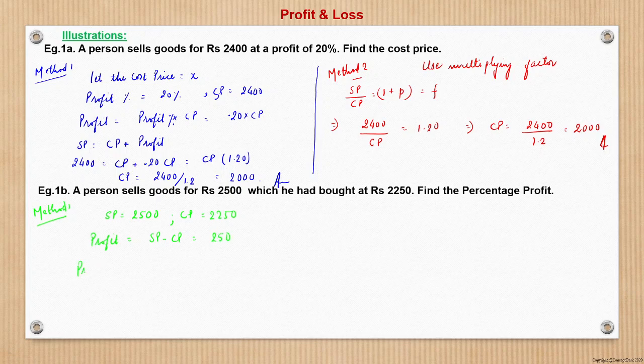So profit percentage, using the formula profit upon CP into 100, is 250 upon 2250 into 100. So this will go 9 times. So this is basically 1 by 9, and 1 by 9 we know is 11.11%.